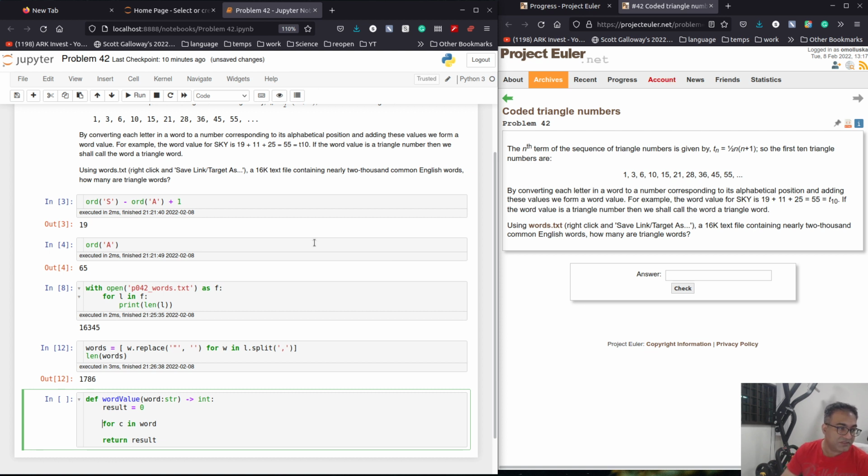You need to do this ORD. Actually you can just map ORD over the word, and then subtract 64 from each value, like that.